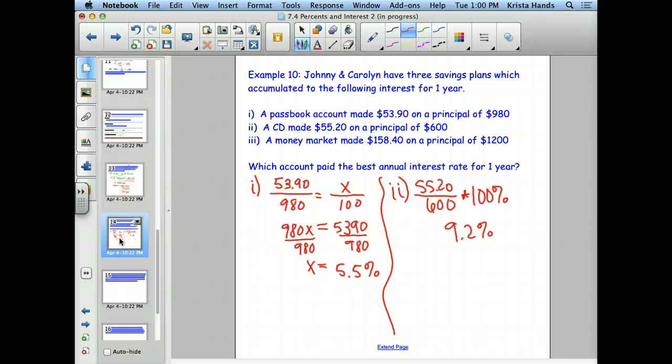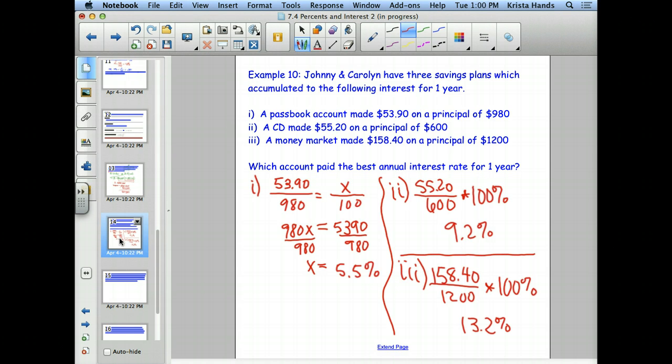Oh, okay, good. And then, how do you want to do number 3? Somebody just give me a suggestion. Either of those options strike you as fun? Second one. All right, so let's do this third one, the same way we did the second one. So this is $158.40 on 1,200 times 100%. What's my interest rate for the third one?